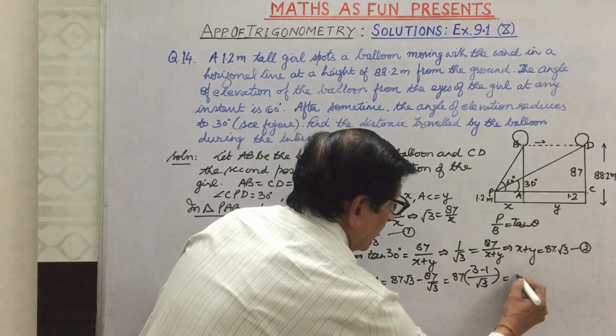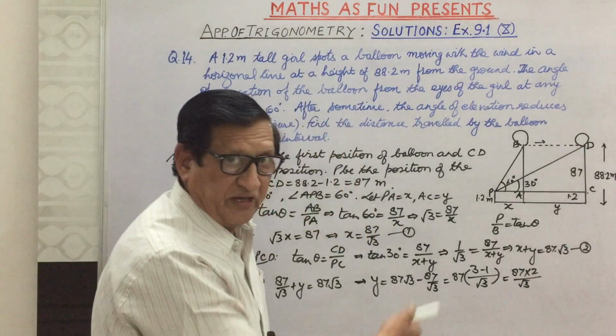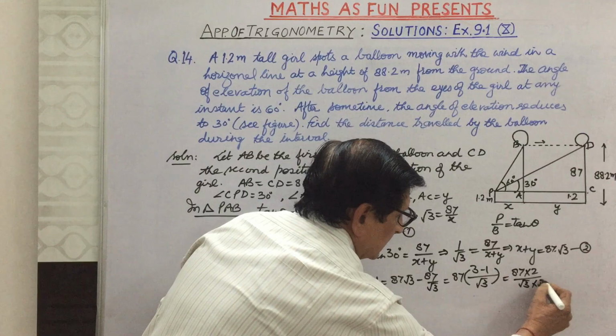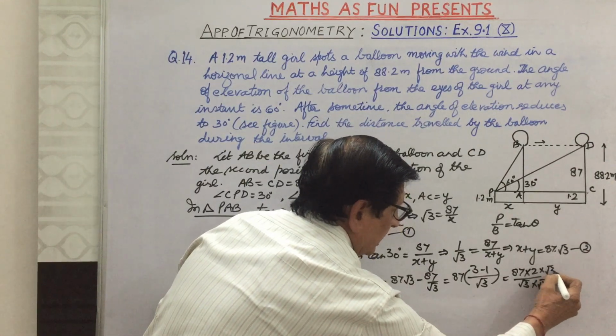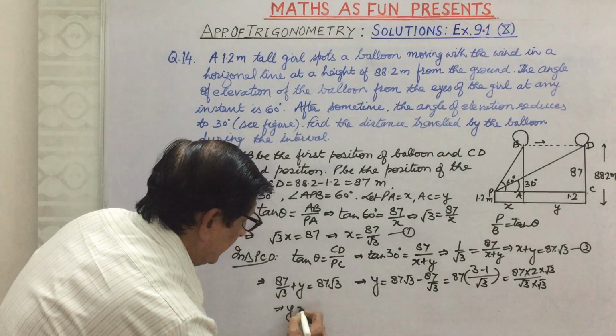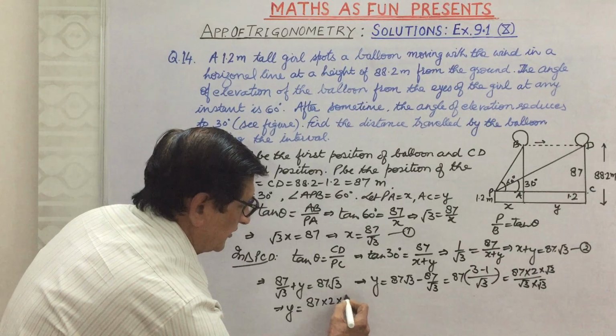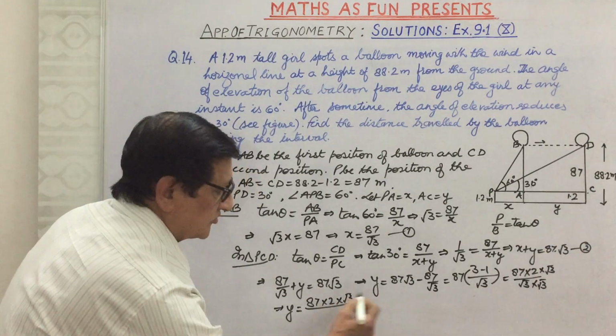So this becomes 87 into 2 upon root 3. If we rationalize, we can multiply this by root 3 in the numerator and denominator both. Then we are getting here y is equal to 87 into 2 into root 3 upon 3.